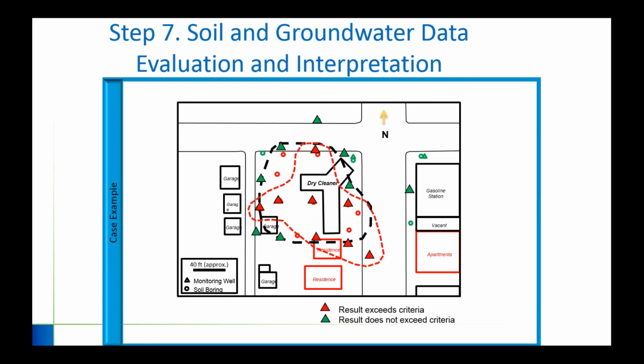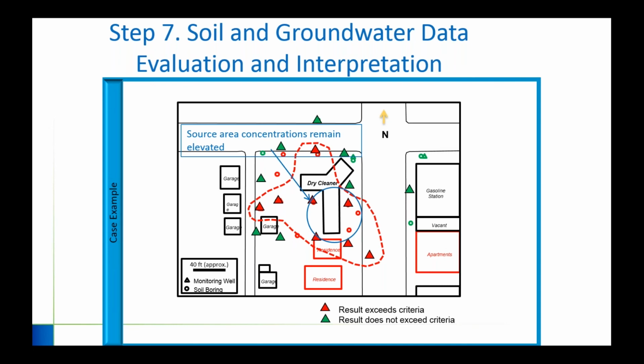In terms of the groundwater, the old contour is shown in black, and the new one, based on the new results, is in red. One thing you probably notice immediately is that the plume goes farther down here than they had thought previously. That obviously has implications with all the, if you can see these labels, apartments and houses and whatnot down here.